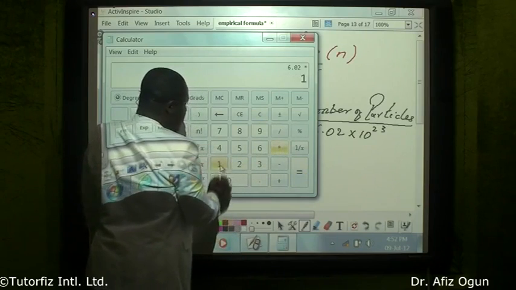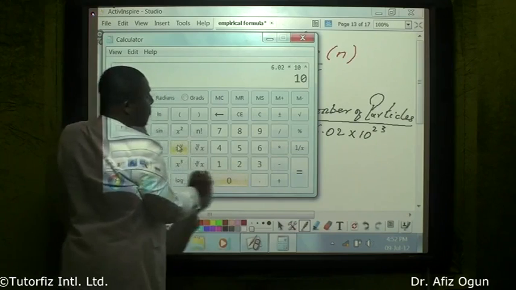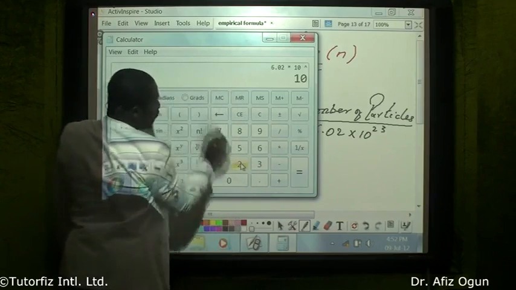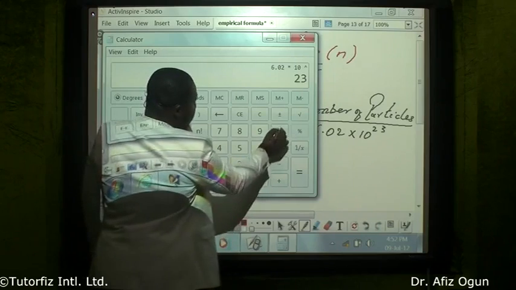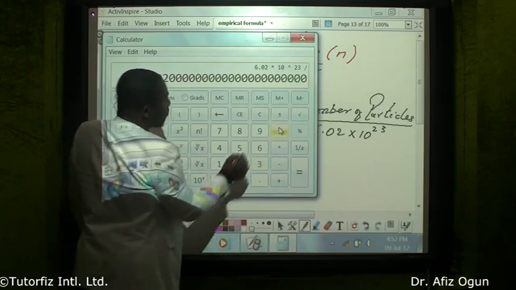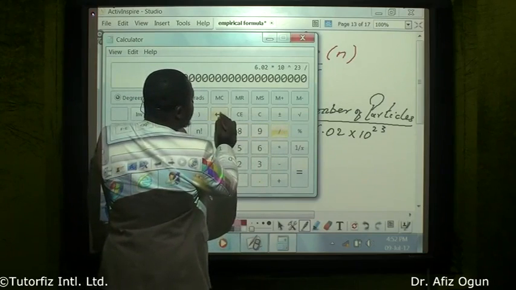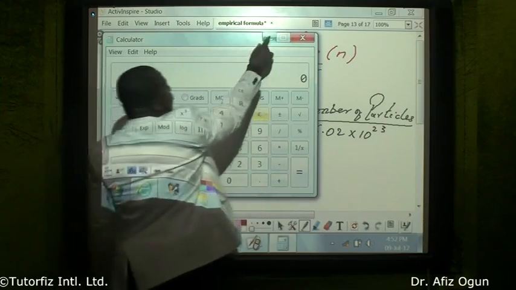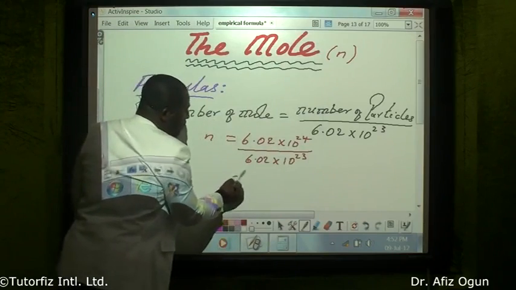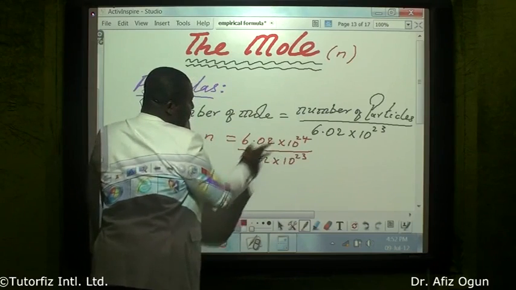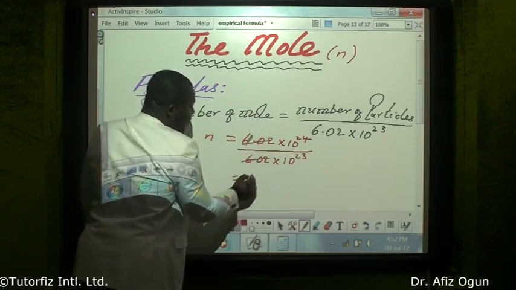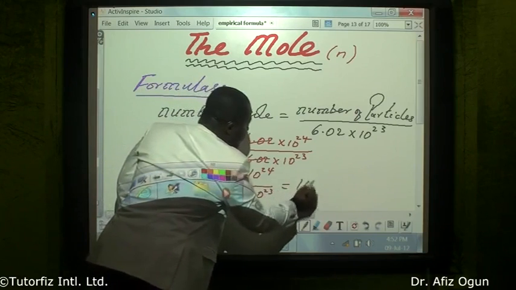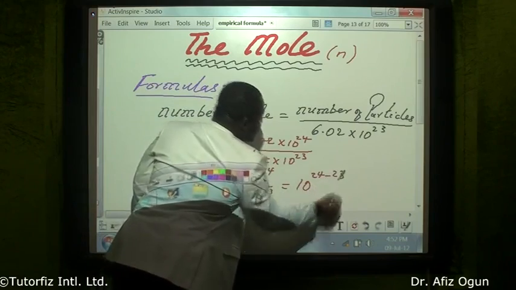Anyway, if you calculate this mathematically, the 6.02 cancels out. I have 10 raised to the power 24 divided by 10 raised to the power 23, which is equal to 10 raised to the power 24 minus 23 from your indices.